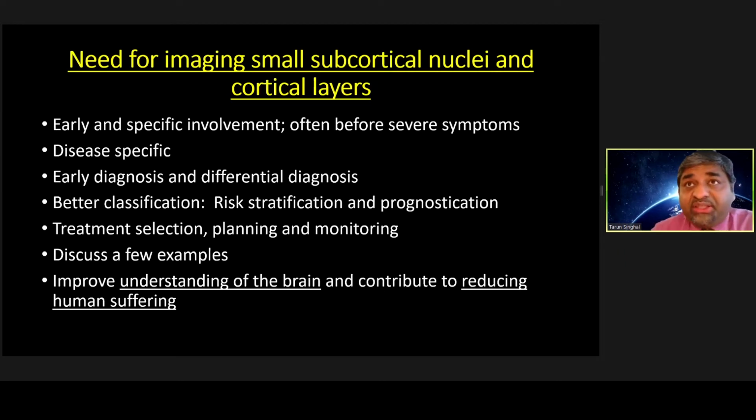Similarly, what we consider as conventional neurologic or neuropsychiatric diseases are actually often a conglomerate of various conditions. So identifying these small structures and their involvement in these pathologies can lead to a better classification of these disorders, and then potentially improved risk stratification and prognostication, which as a clinician, ultimately, I would hope would lead to improved treatment selection, planning, and monitoring.